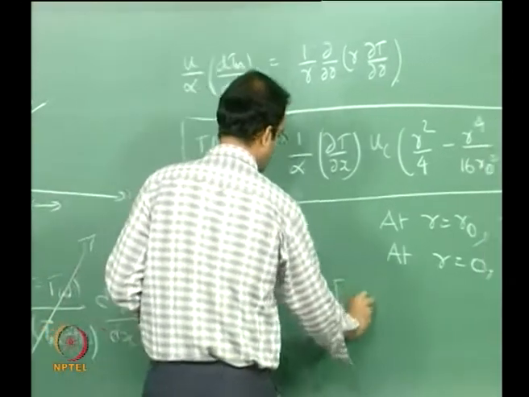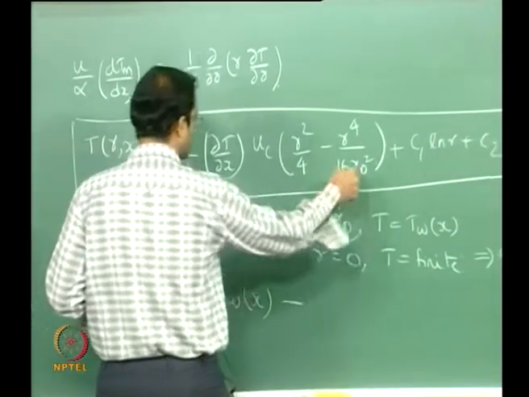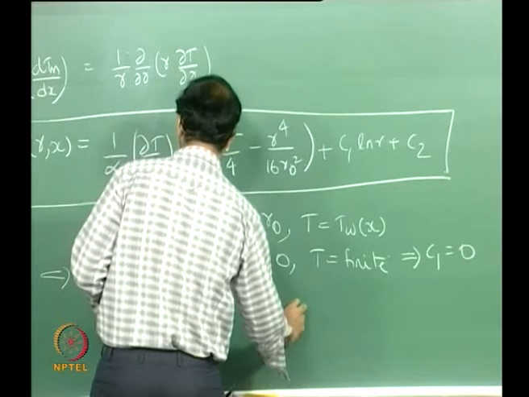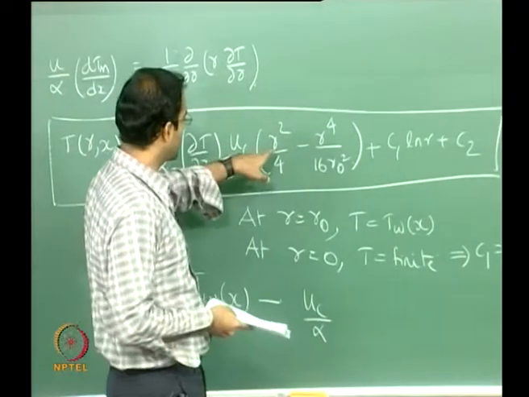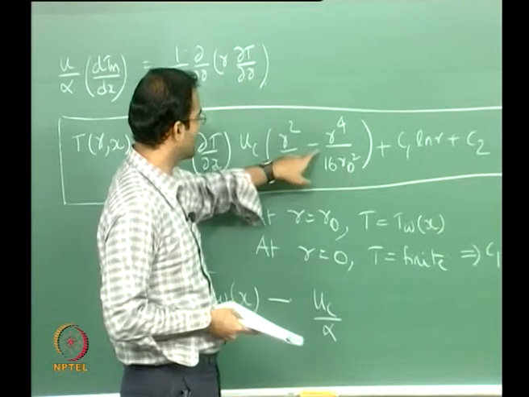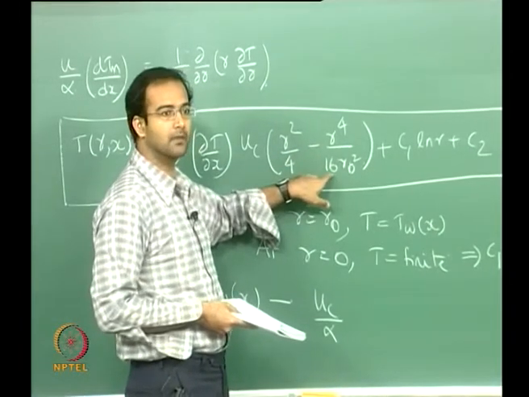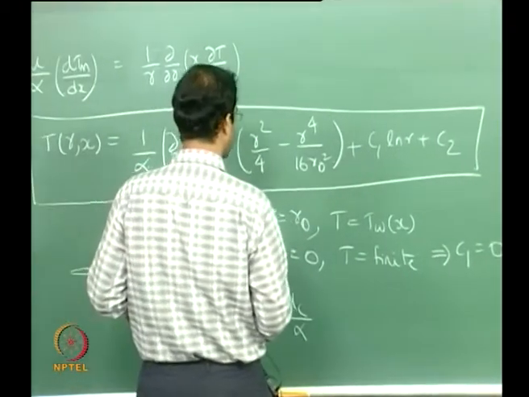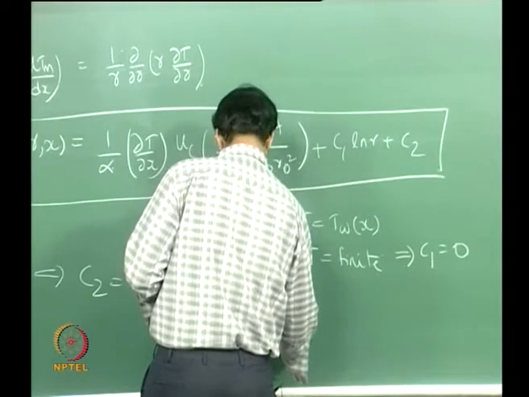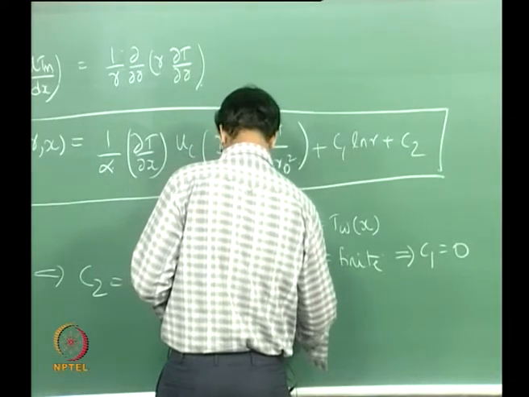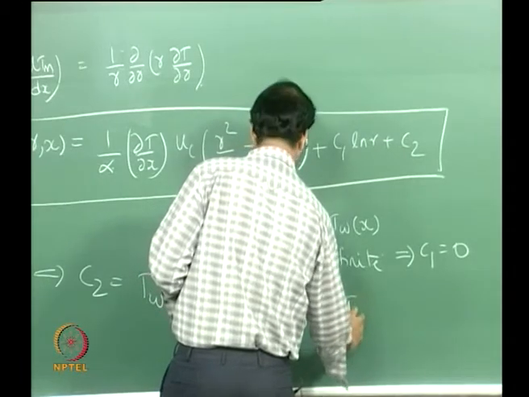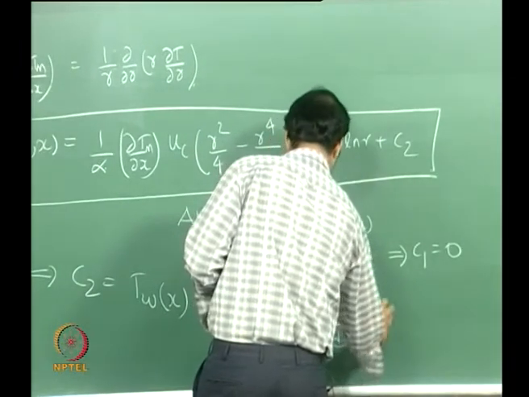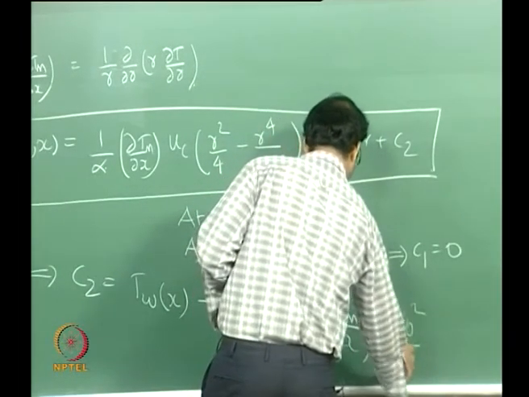It will come out as, at r equal to r₀, T will become T_wall, this will be T_wall of x minus, this entire thing goes to the left hand side, this is Uc by alpha into, so now this is evaluated at r₀, so this is r₀² by 4 minus r₀² by 16, okay. So if you simplify it, I can maintain this as dTm/dx into 3 r₀² by 16.